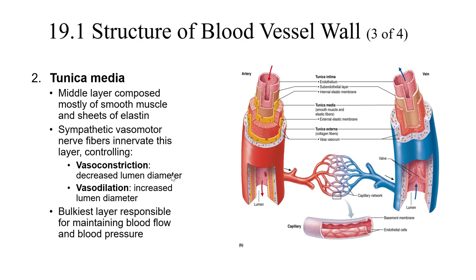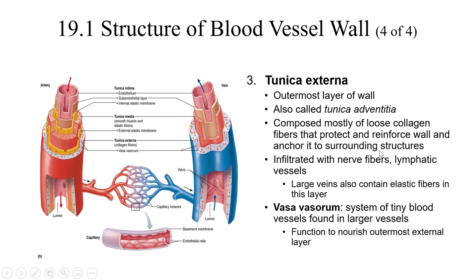So the bulkiest layer that is responsible for maintaining blood flow and blood pressure, most especially because of this vasoconstriction and vasodilation, is actually the tunica media, most especially in the arteries.